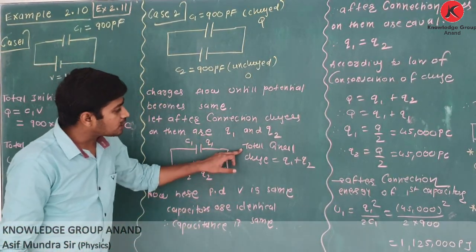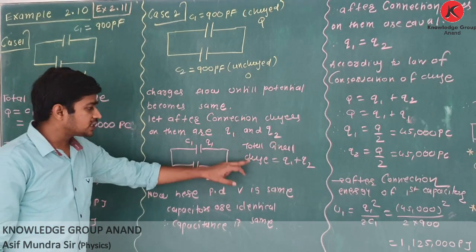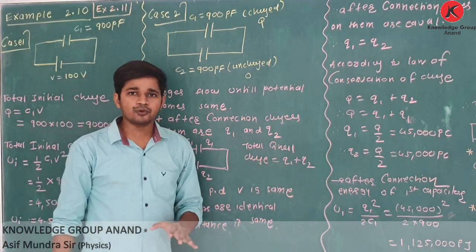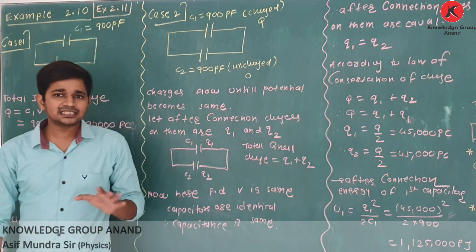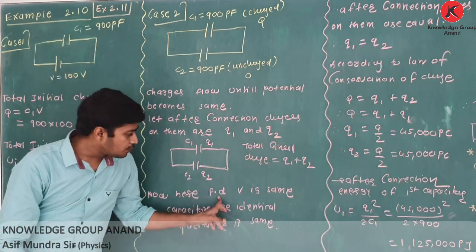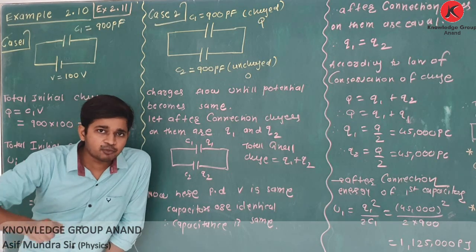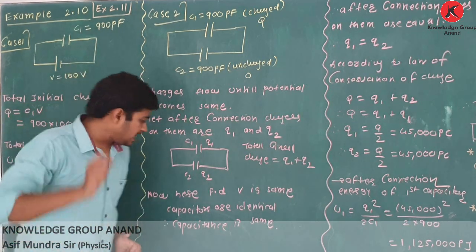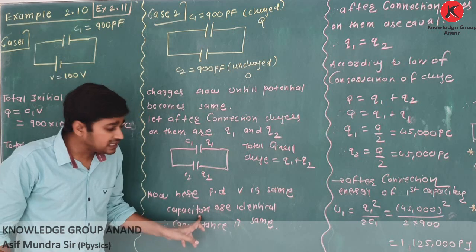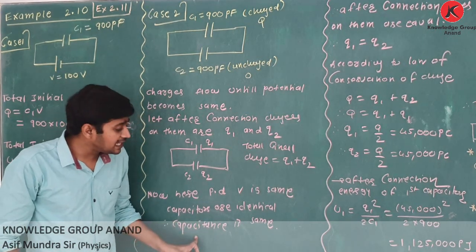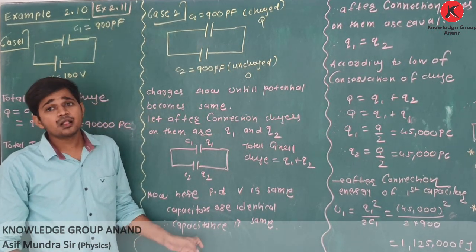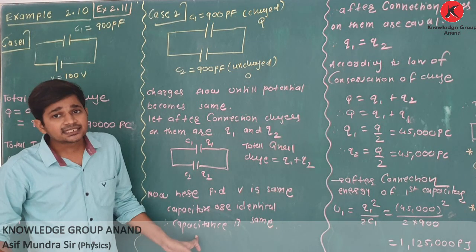So what is the total final charge? Total final charge is equal to Q1 plus Q2. Now see, there is one interesting thing. The potential difference V is the same because charge will flow until their potential becomes the same. Now the capacitors are identical, so their capacitance is the same.